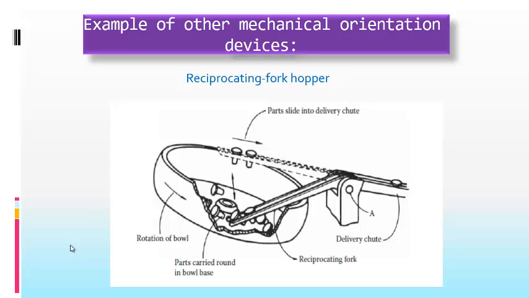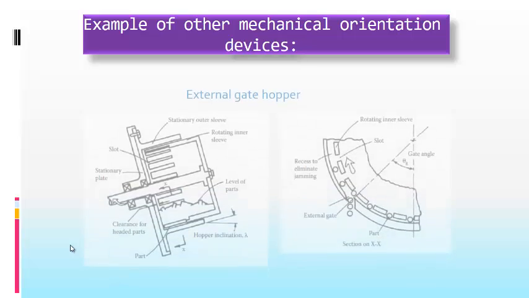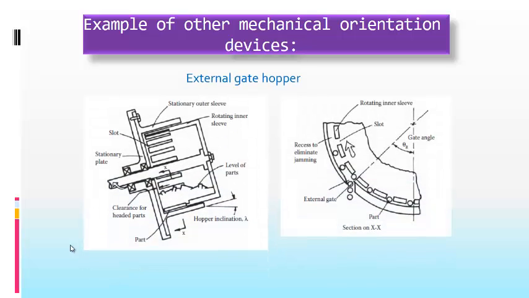This is the same as the previous one, but it has a fork where the fork will collect the parts and then they go through the chute. Here you use rotary mechanisms and so on, which is called an external gate.